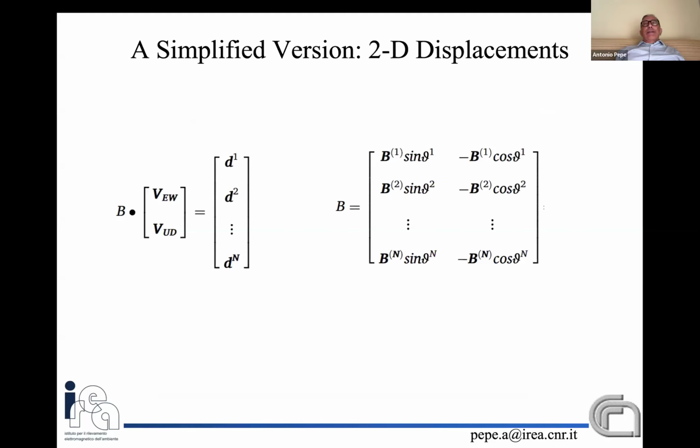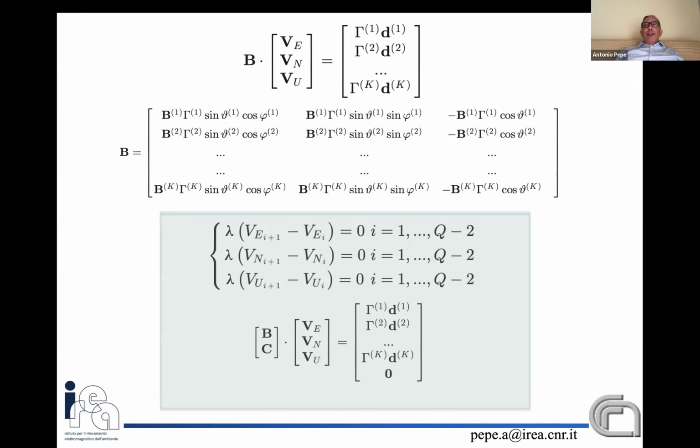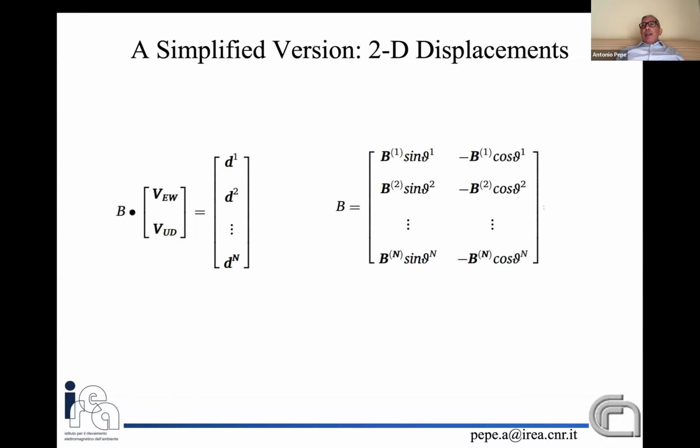If we neglect for a moment the north-south components of deformation, this boring system of linear equations becomes like that. But finally, we have the east-west deformation component, and we have the up-down deformation components.